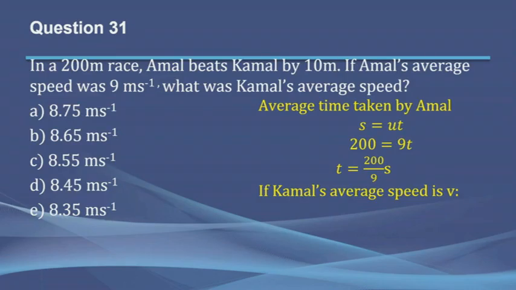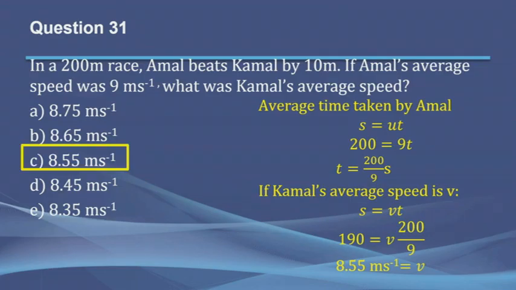That means when Amal is at the 200-meter line, Kamal is at the 190 place. So we know the distance and the time, and we can find Kamal's average speed, which is equal to 8.55 meters per second. So our answer will be C.